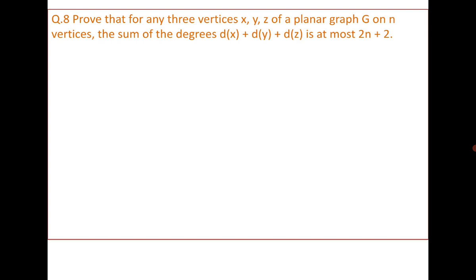So this is the last question, and a very interesting question. It says that for any 3 vertices x, y, z of graph G, which is planar and its order is n, the sum of the degrees d of x, d of y, and d of z can be at most 2n plus 2.